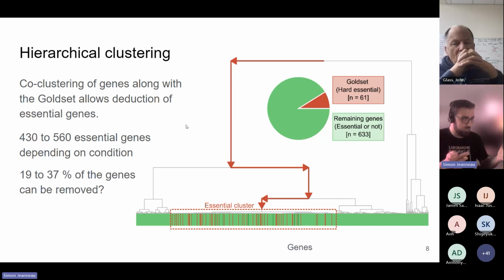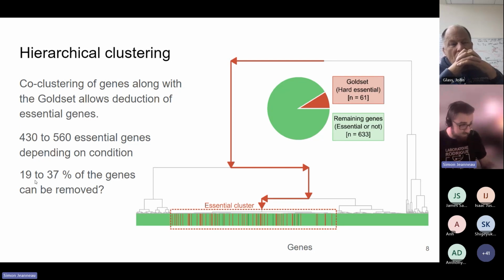We find about 400 to 600 essential genes. That's quite a large range, but that's not that surprising considering that most of the genes should be essential in Mesoplasma, which is almost already minimal.